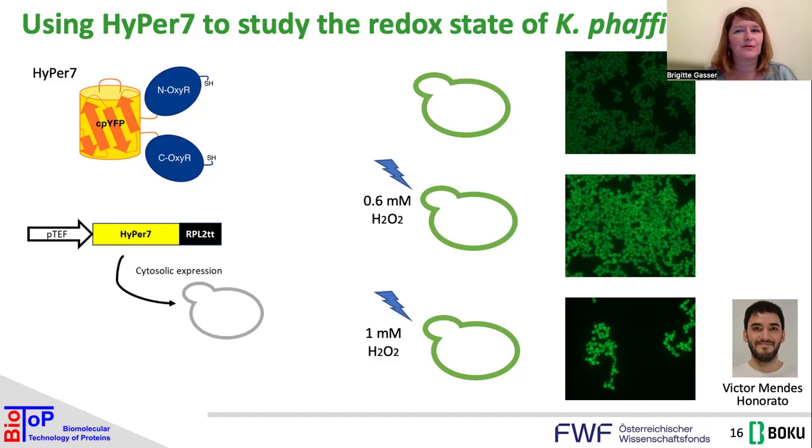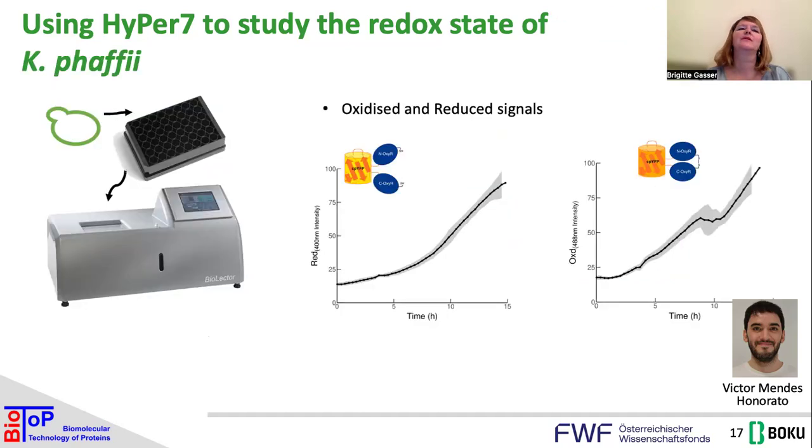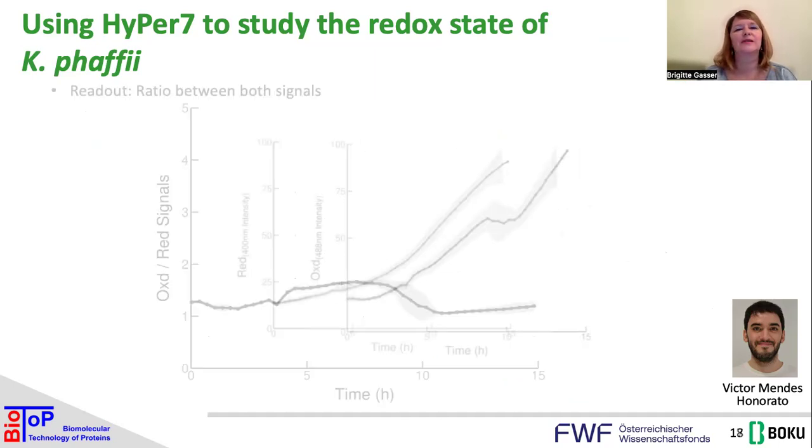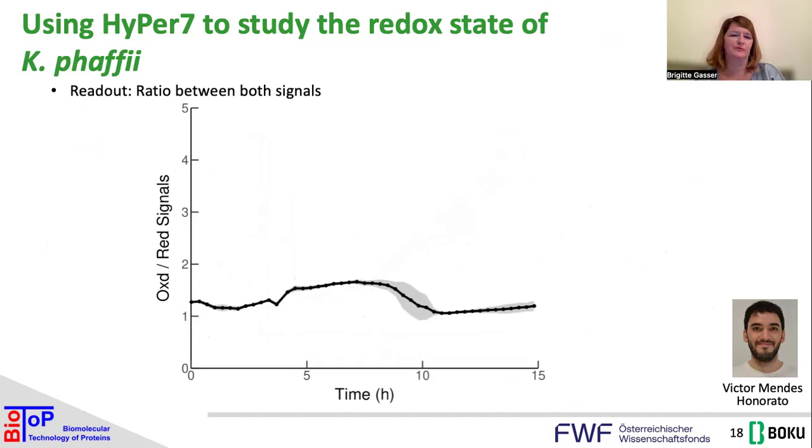While microscopy is nice, it's not very easy and efficient to measure a lot of cells over time. So Victor decided to use the BioLector instead and to record the oxidized and the reduced signal. And what you get finally out of this is this ratio between the oxidized and the reduced signal, which is what I will show you in the next slides.